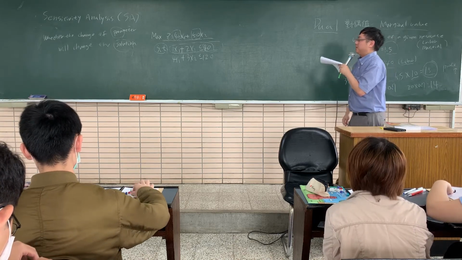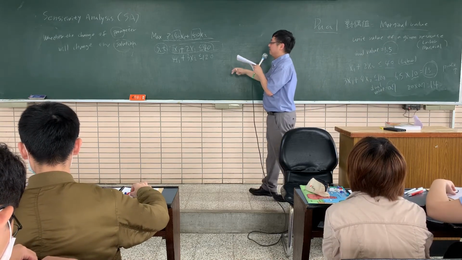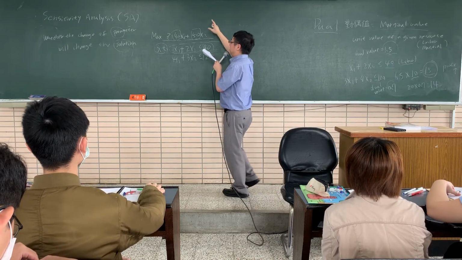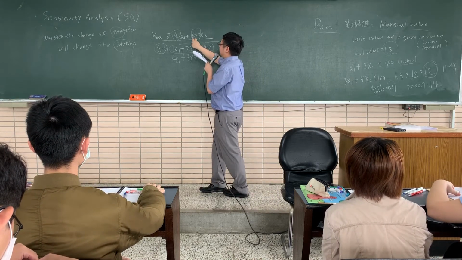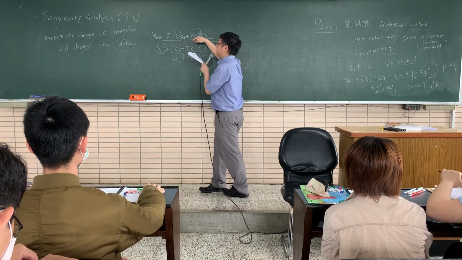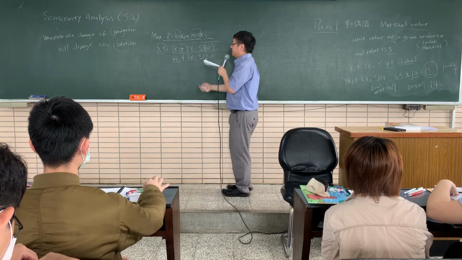So in this chapter, we have different questions. One question asks whether the change of the coefficient 系数 in the objective function will change the solution.